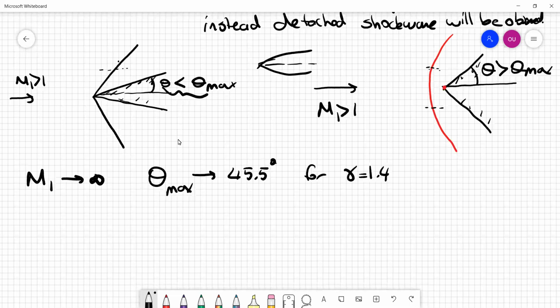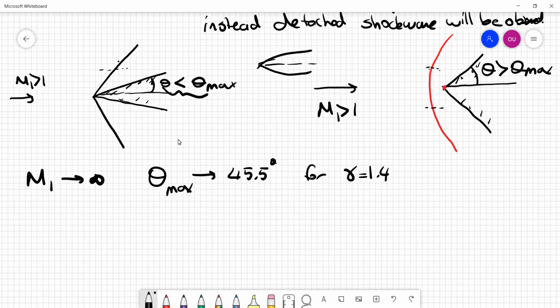So for every specific inflow Mach number, there's a certain theta max value. We will see that condition on the chart, on the theta beta M diagram.